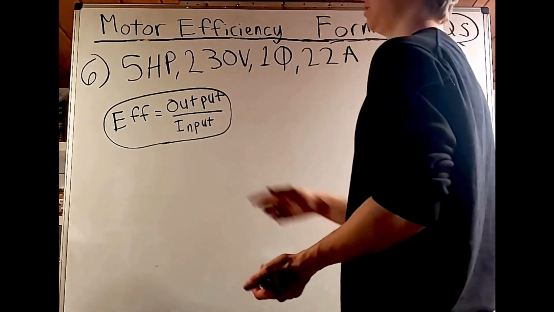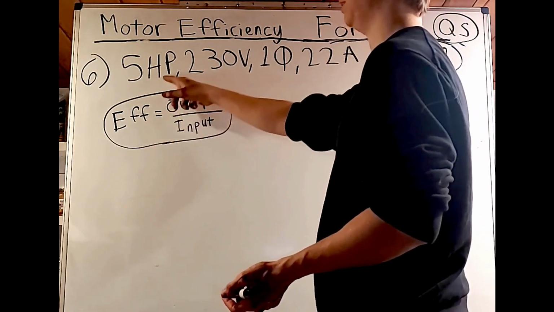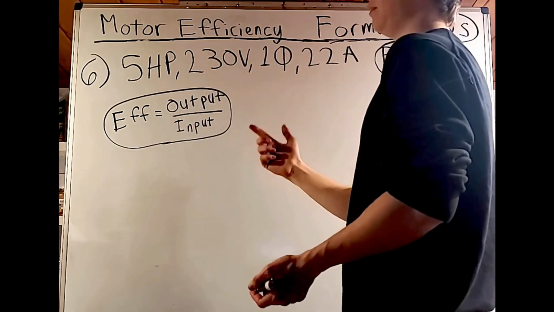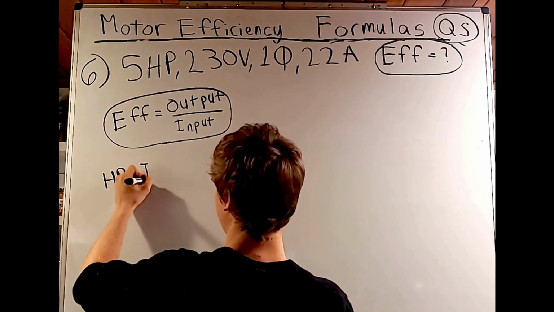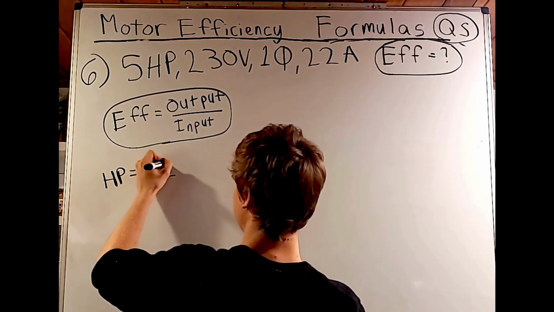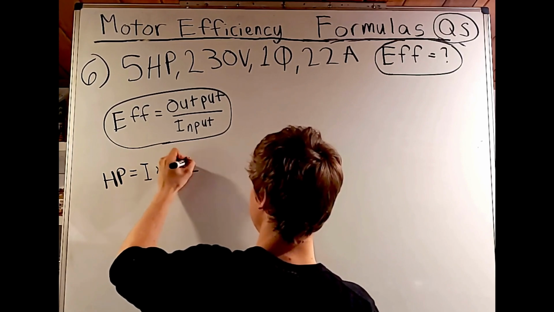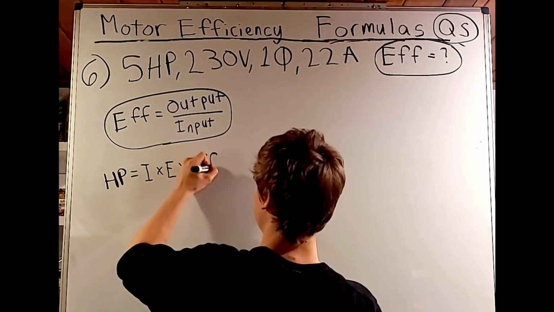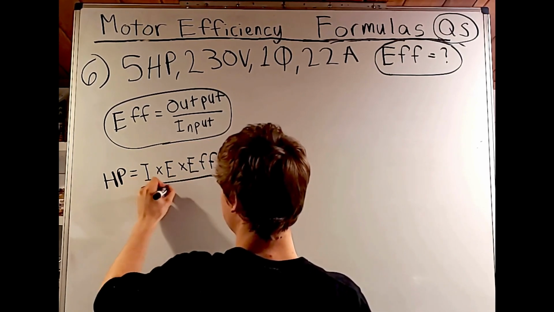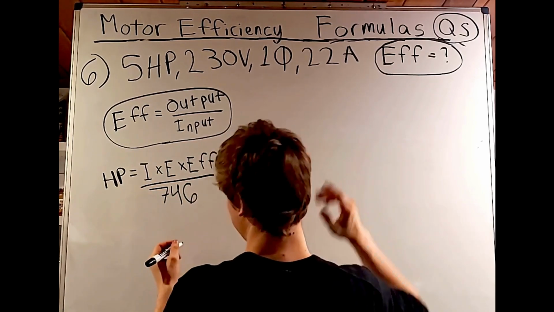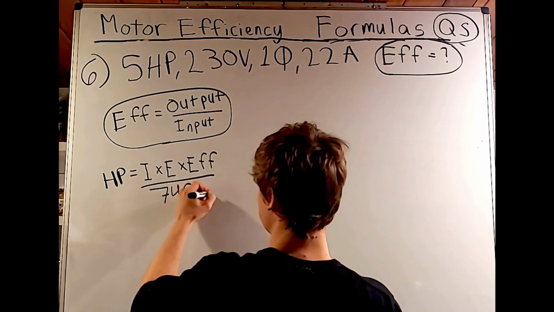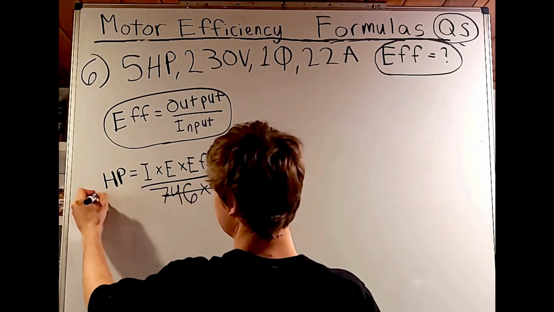So we're first going to actually have to find the efficiency formula that will work with the information that we have here. So again, I'm going to think about the horsepower formula. I have my I times E times EFF over 746, and I want to isolate my EFF. Pretty simple. I'm going to multiply by my 746 and get rid of it.